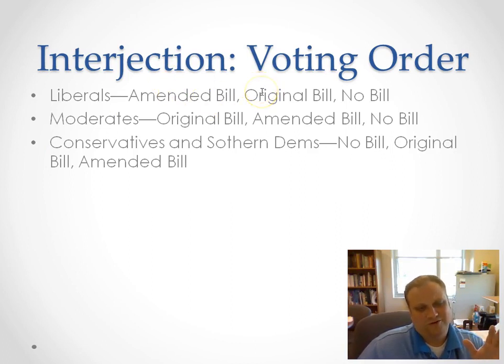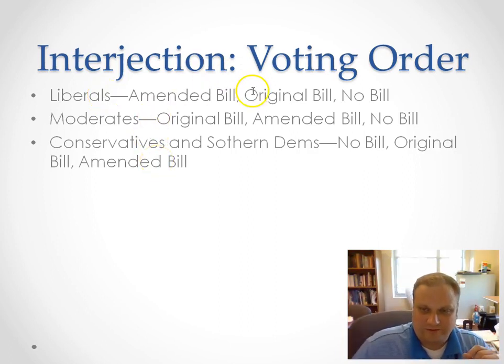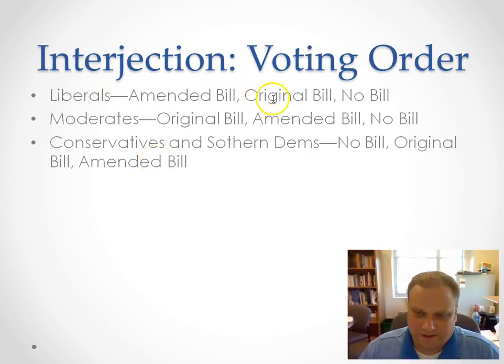The original bill didn't include women, but many liberals wanted women included, and they're happier with the amended bill than the original bill. And so if you had to line up preferences on how they would like their outcomes to be, they would want the amended bill to win first. If they couldn't have this, they would choose the original bill versus no bill. So no bill is their third option, their least favorite option.